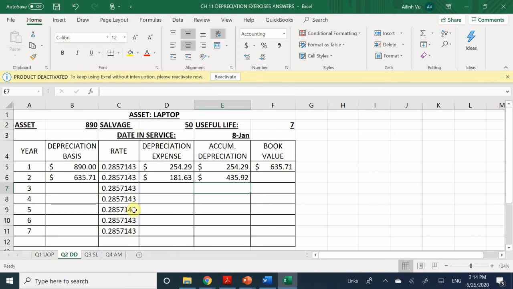But that's what I got, 435.92. Okay. So the book value now is 454.08. Perfect. Okay, we transfer that to our beginning.